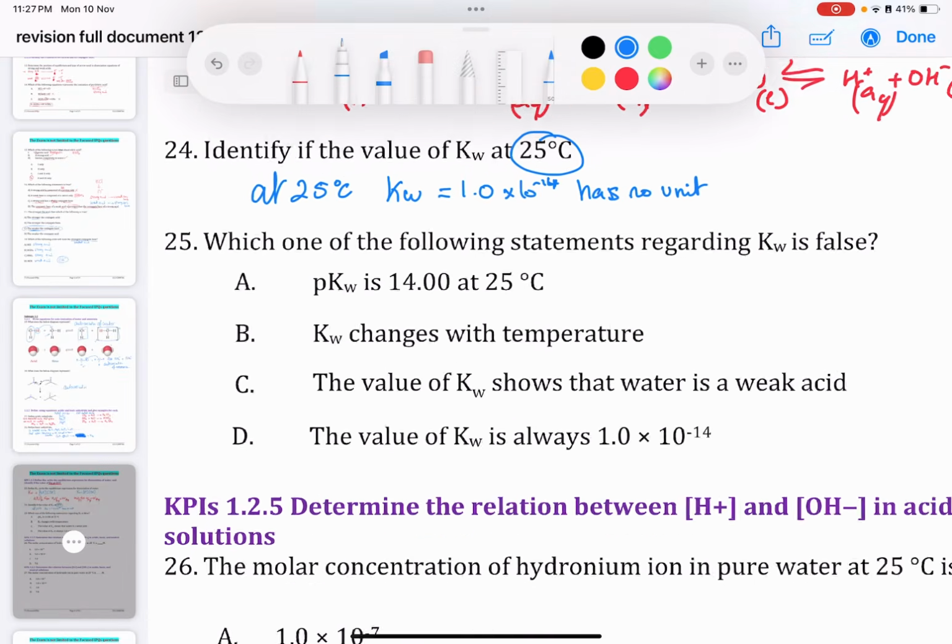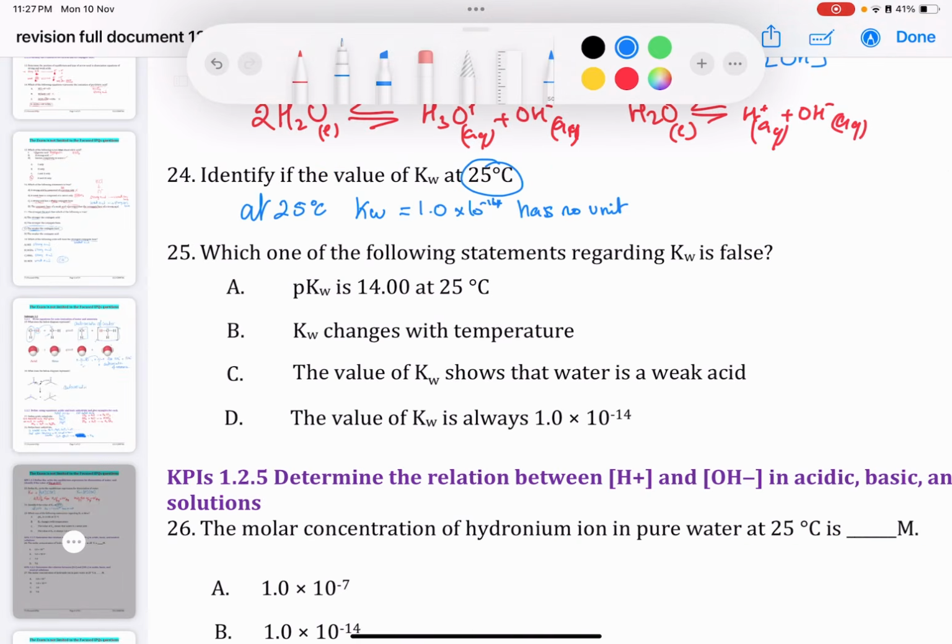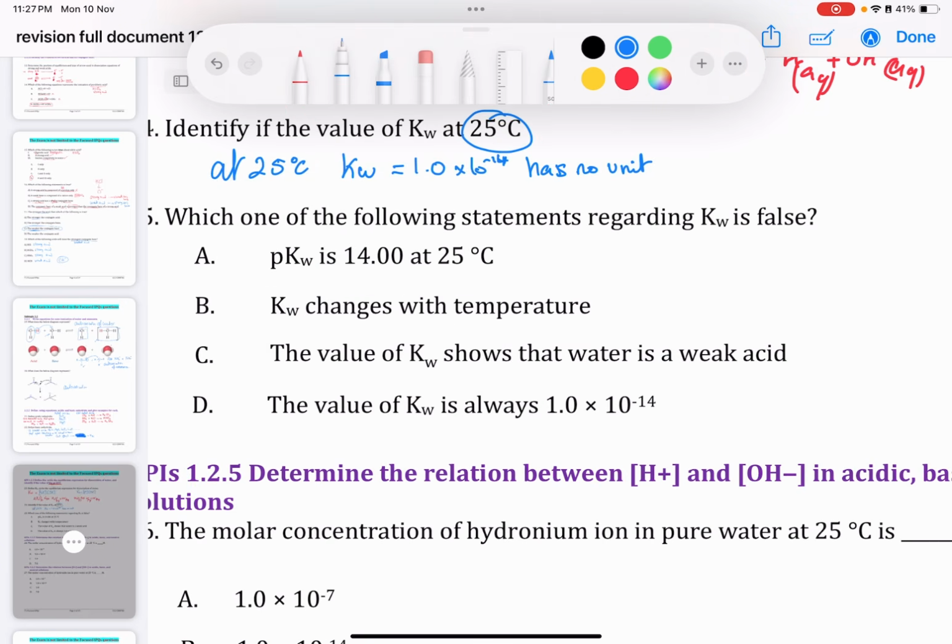Moving on. Which of the following statements regarding Kw is false? The value of Kw is always 1.0 times 10 to the power negative 14. That is a wrong statement. They have to mention that it is only when the temperature is 25 degrees Celsius, because Kw could be different if the temperature was not 25 degrees Celsius.